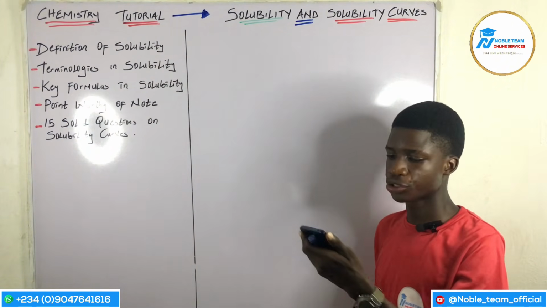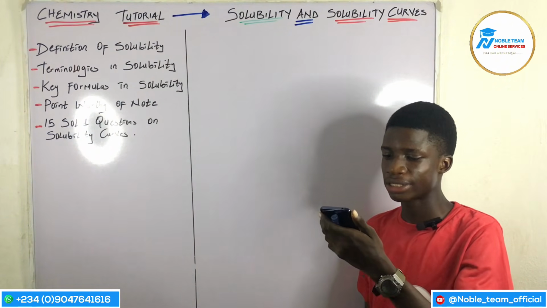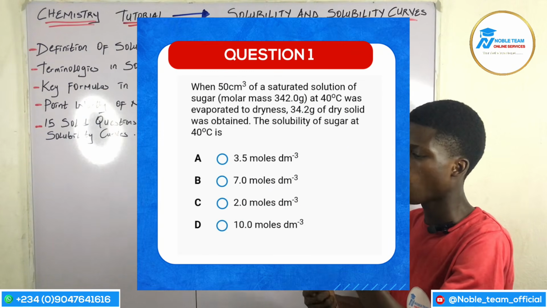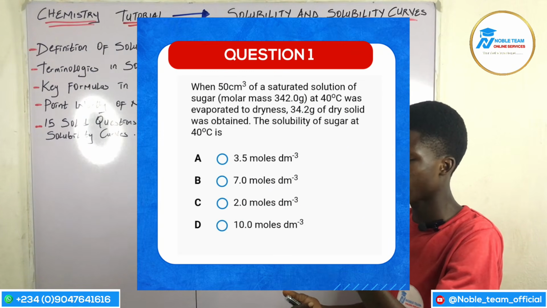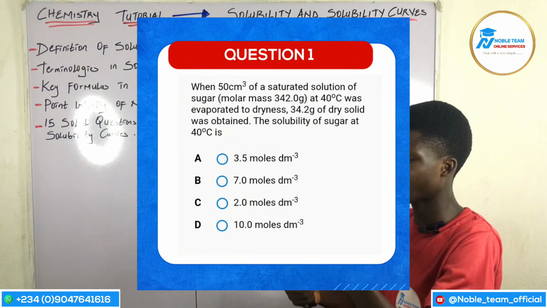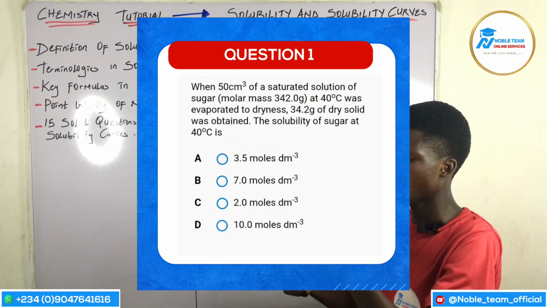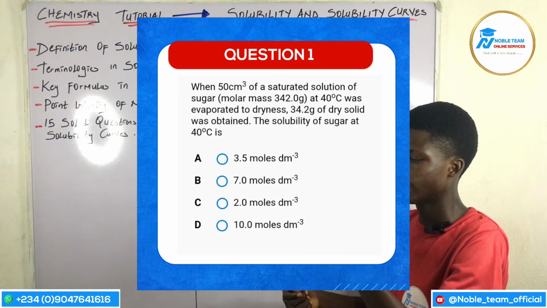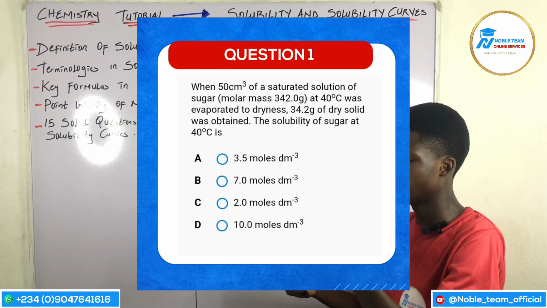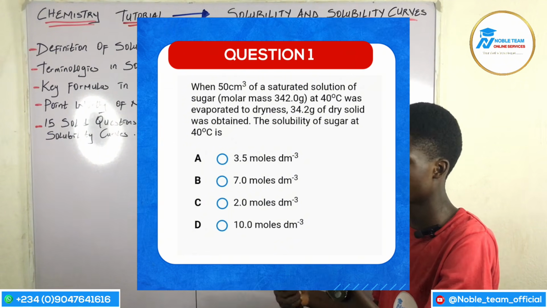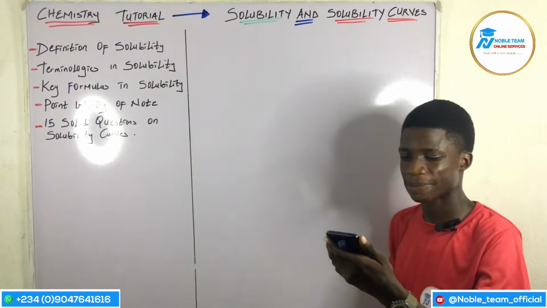Question 1 says, when 50 centimeter cube of saturated solution of sugar, with molar mass 342 grams, at 40 degrees Celsius was evaporated to dryness, 34.2 grams of dry solid was obtained. The solubility of the sugar at 40 degrees Celsius is what? Look at this question.